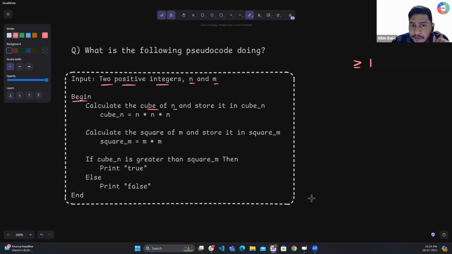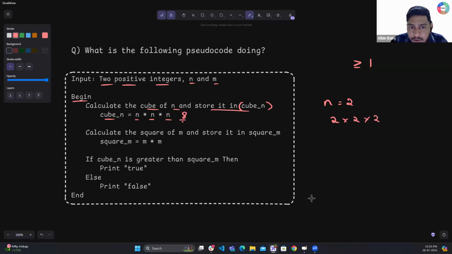Calculate the cube of n and store it in the variable cube n. So cube n equals n into n into n. Let's say n equals 2. So what will be stored in cube n? That is 2 into 2 into 2, that is 8.